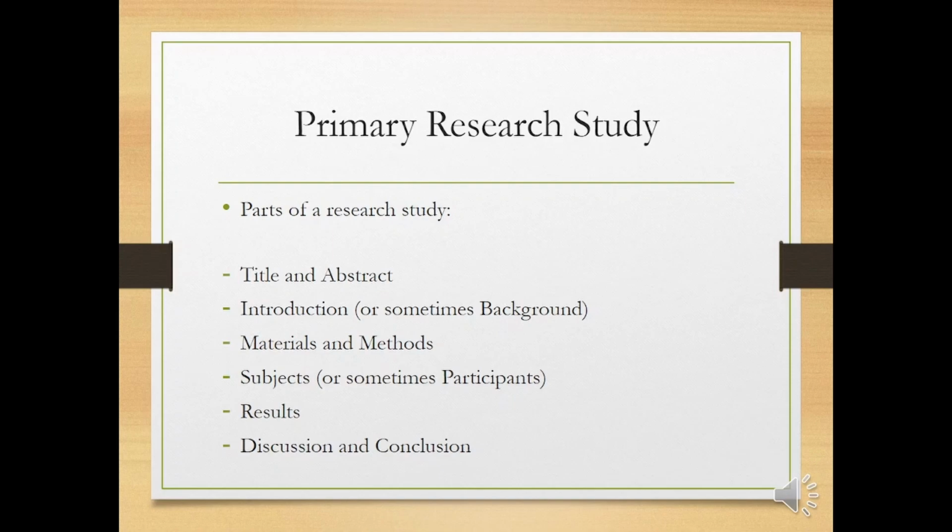But the most common structure is as follows. First, you will have your title and your abstract, then an introduction, or sometimes called background, your materials and methods, subjects or participants, then you will have results, followed by a discussion and then a conclusion.